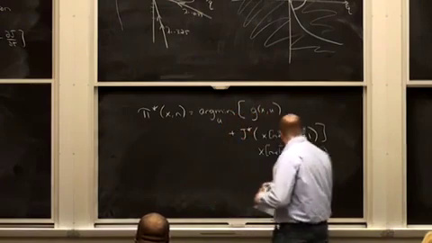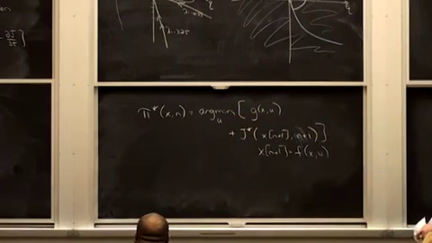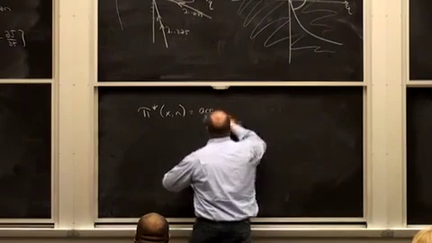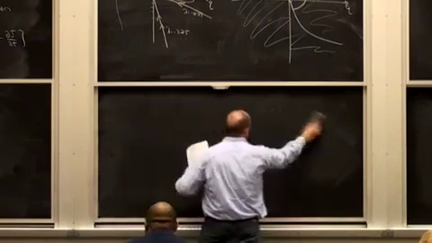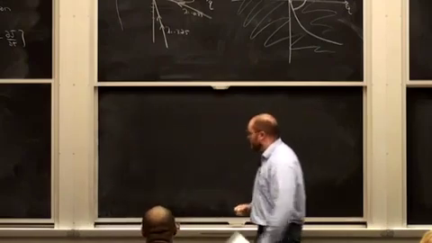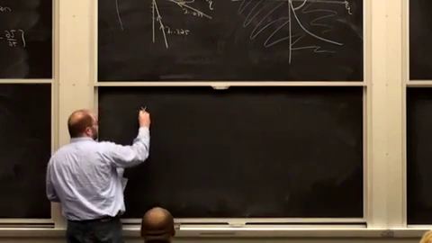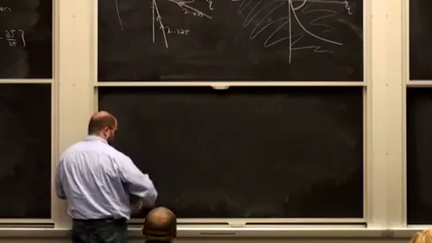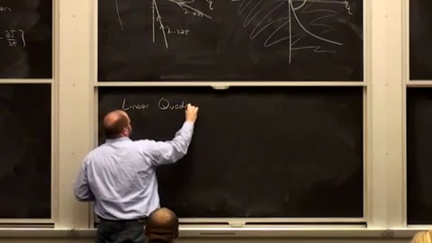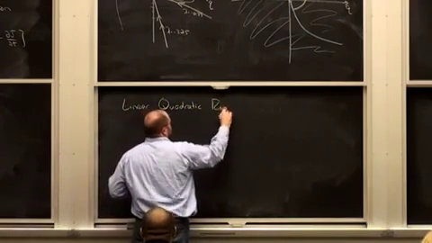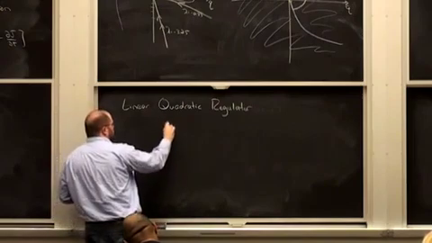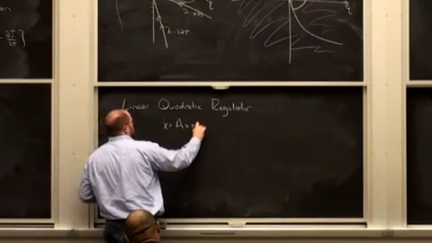Let's use this to solve the problem we wanted. The linear quadratic regulator in its general form says I've got a system x dot equals Ax plus Bu.